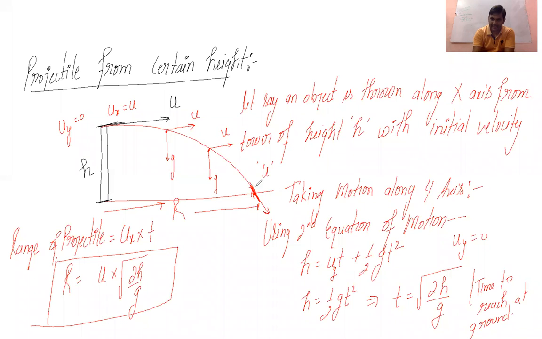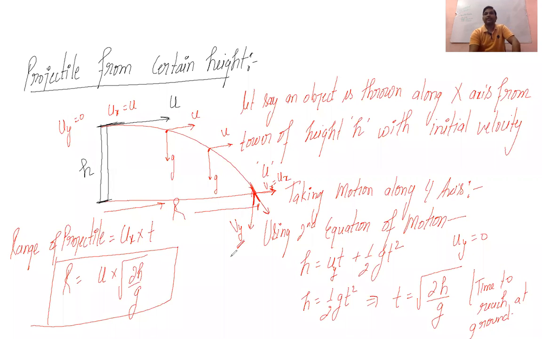You can see the horizontal component is going to be constant, and whenever it reaches here, it will acquire a certain velocity. Let's see, we will find the resultant of these two.